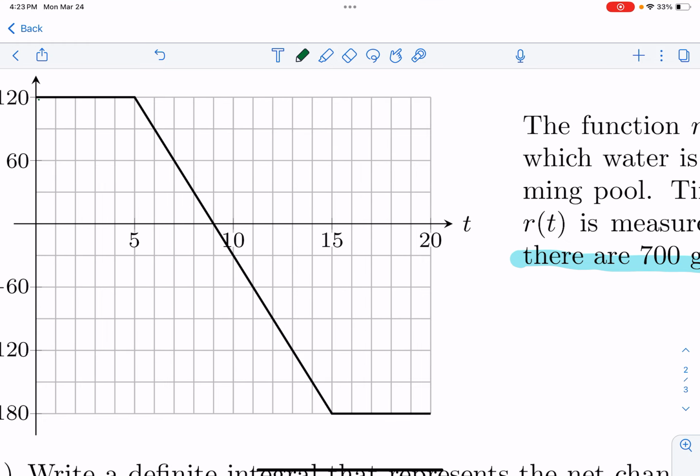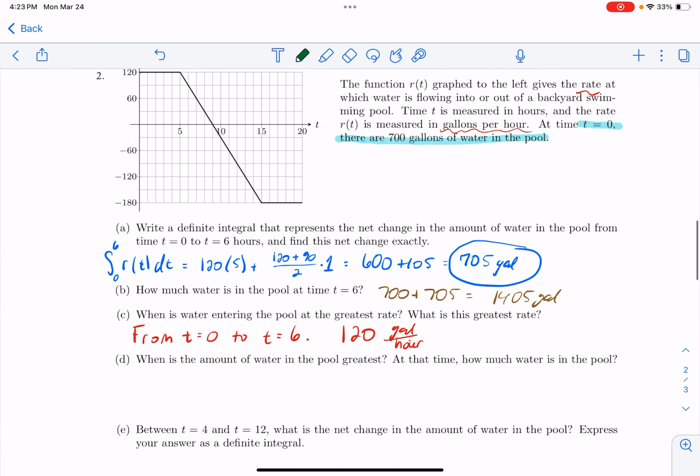So, therefore, we know that that's the time when we have the most water in the pool. So at t equals 9, when water starts to flow out of the pool.